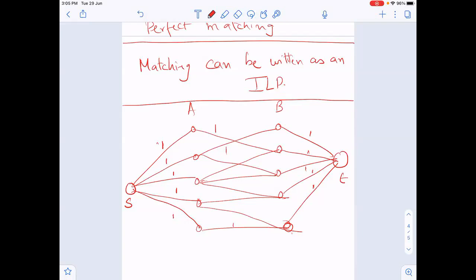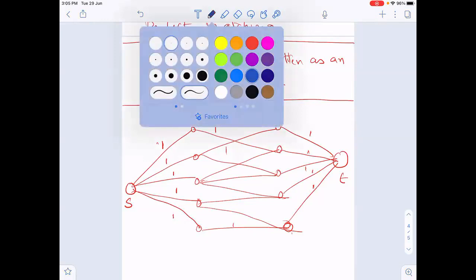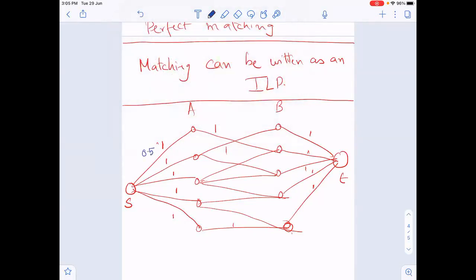What happens if I send, say, 0.5, so maybe I use a different weight here. I send 0.5 from here, there also 0.5. Here I send 1, 0.5 goes here, 0.5 goes here. So this is 0.5, I get 1 over here, and so on and so forth, right?